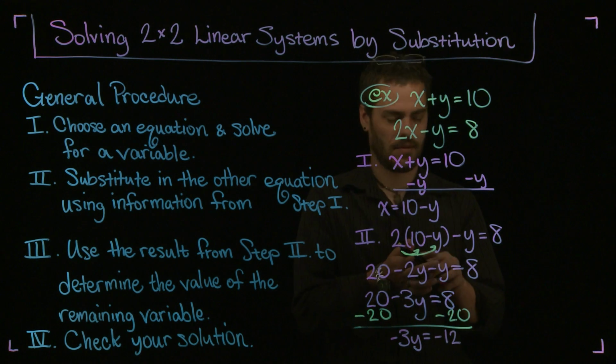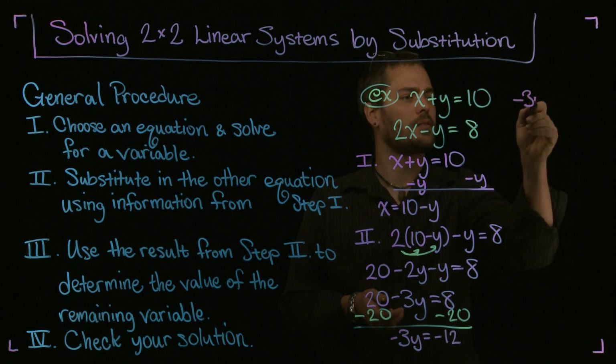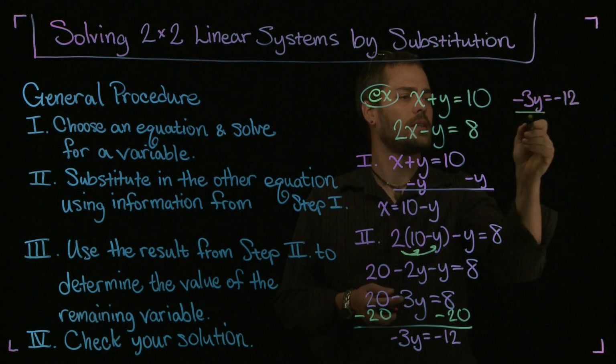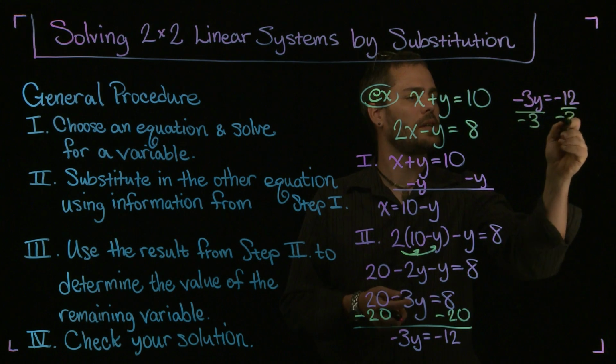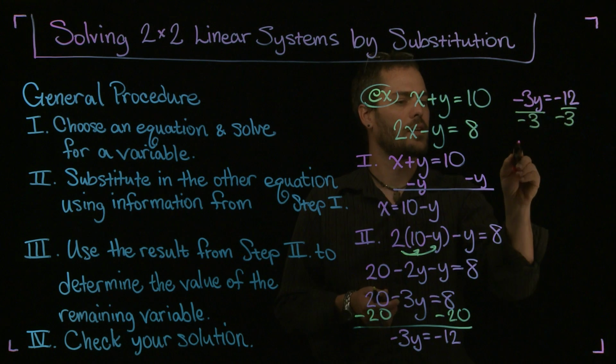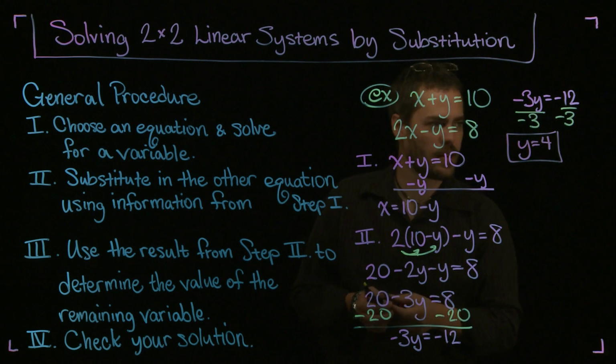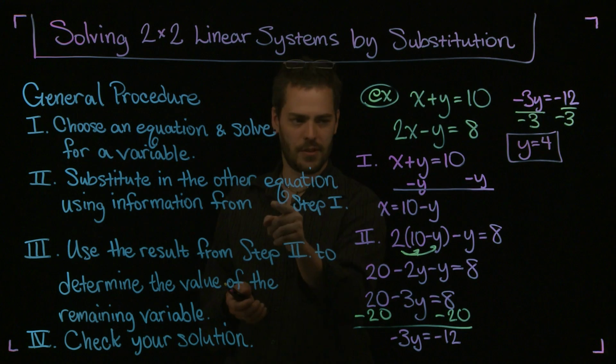Okay, let me just recopy that up here. Negative 3y is equal to negative 12. Then divide both sides by negative 3, and we can see that y is equal to 4. Okay. So that is my step number two.